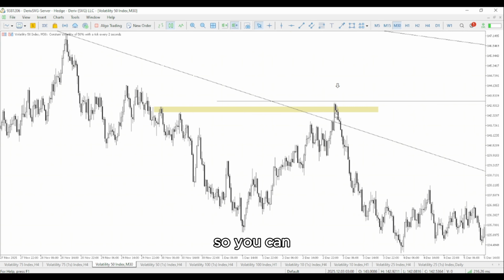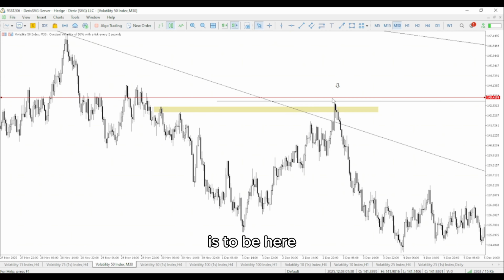So you can quickly enter the market immediately the candle closes and put your SL above the high. You're not going to put it exactly at the top of the candle. You're putting it a few pips above the candlestick where you enter the market.